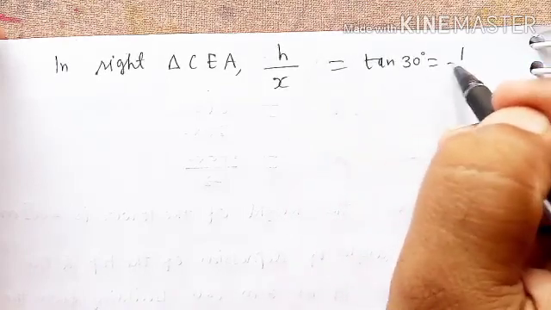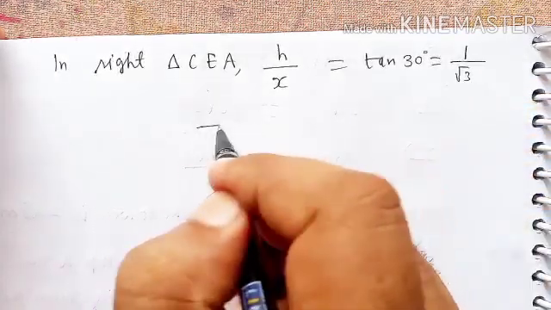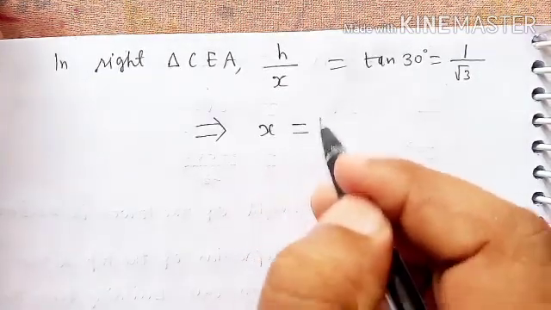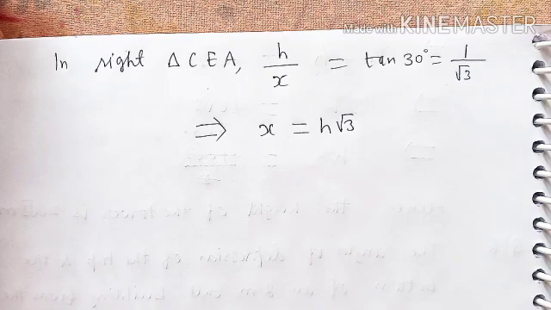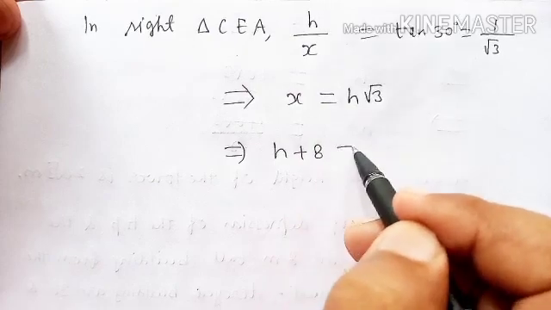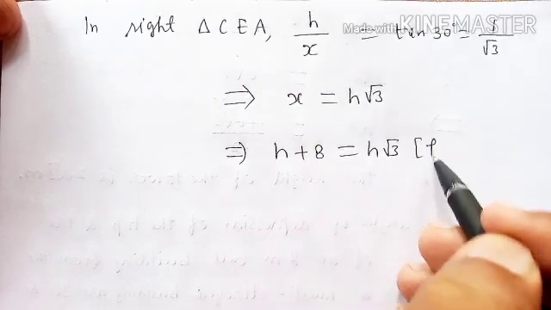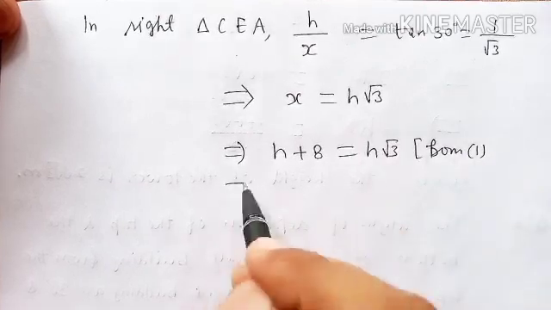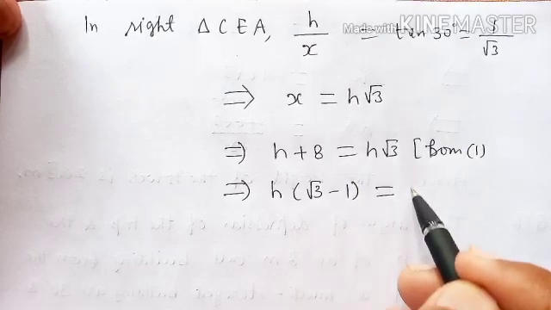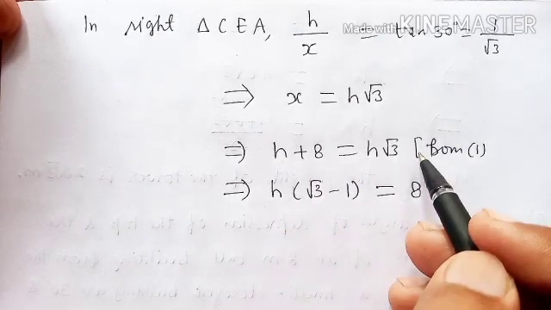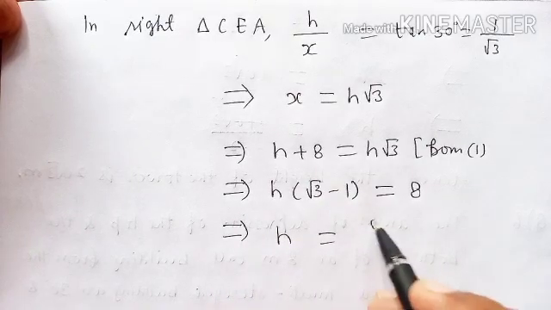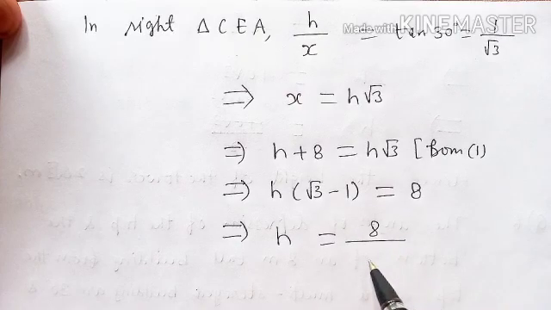This is equal to 1 by root 3. From here we have x is equal to h root 3. From equation 1, x is equal to h plus 8. This implies that h into root 3 minus 1, I have transferred h to that side and taken common. From here we have h is equal to 8 by root 3 minus 1.